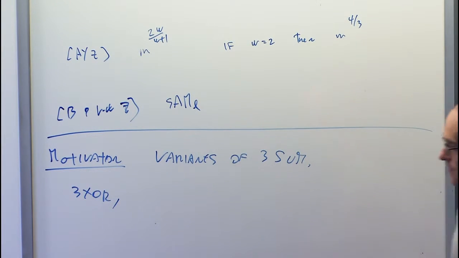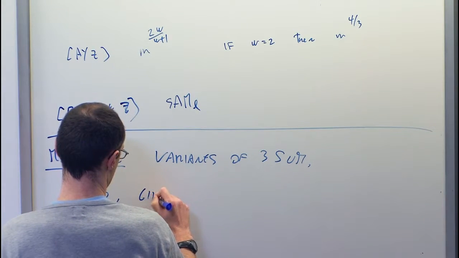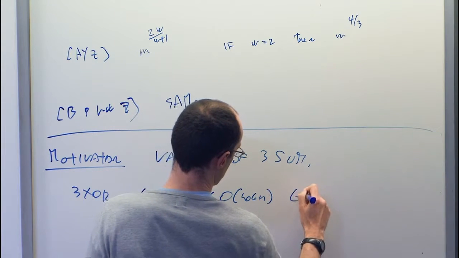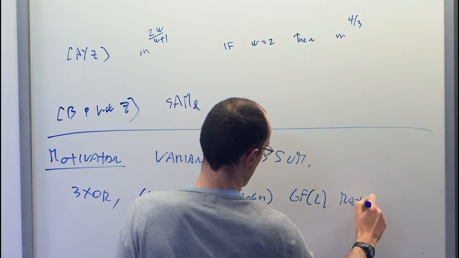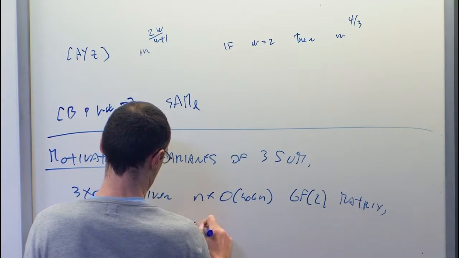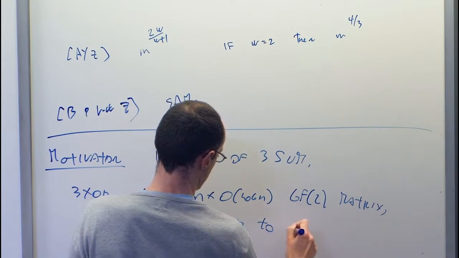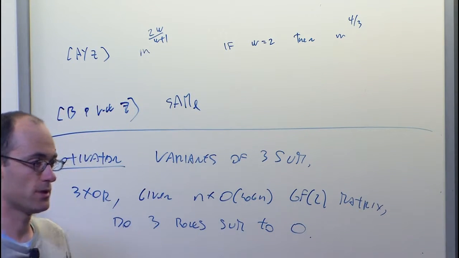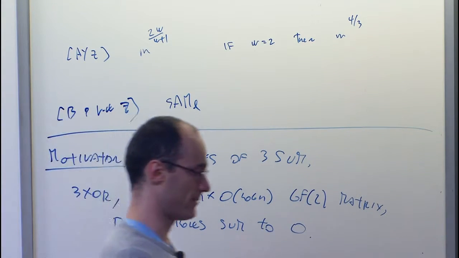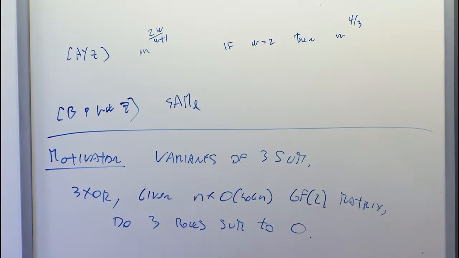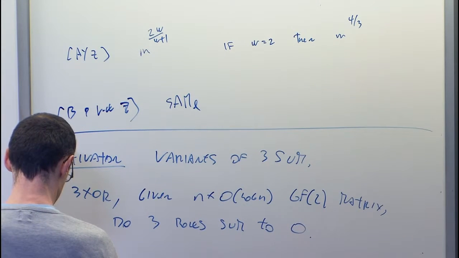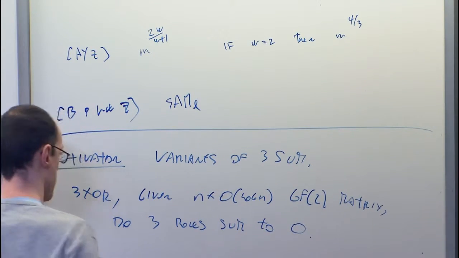So I can write that as: given an n by order of log n GF2 matrix, do 3 rows sum to 0? Each row would be one of the elements in your input, and you want to know if there are 3 elements that sum to 0. So a challenge that I want to raise is this one.